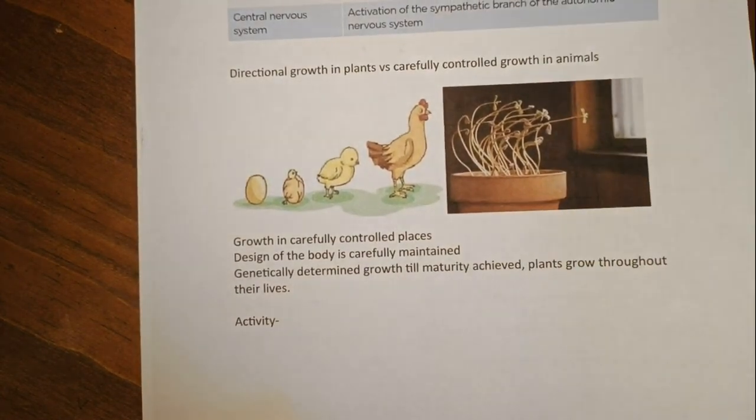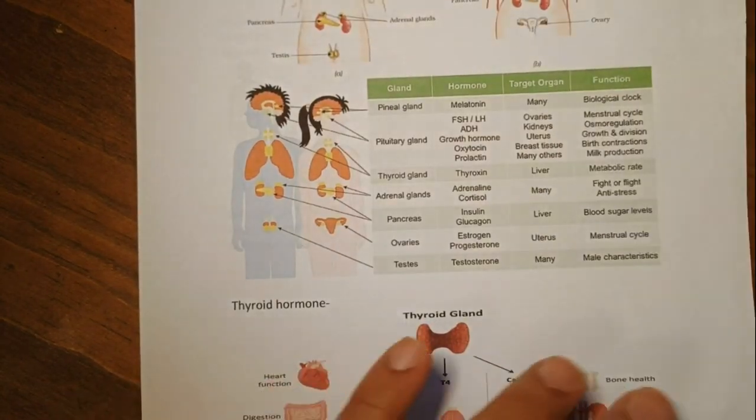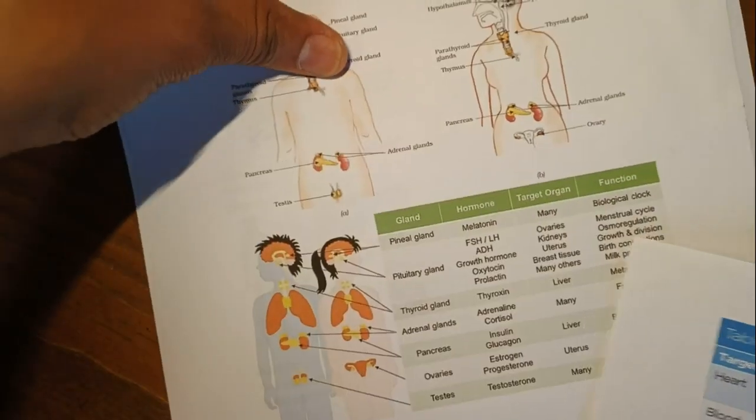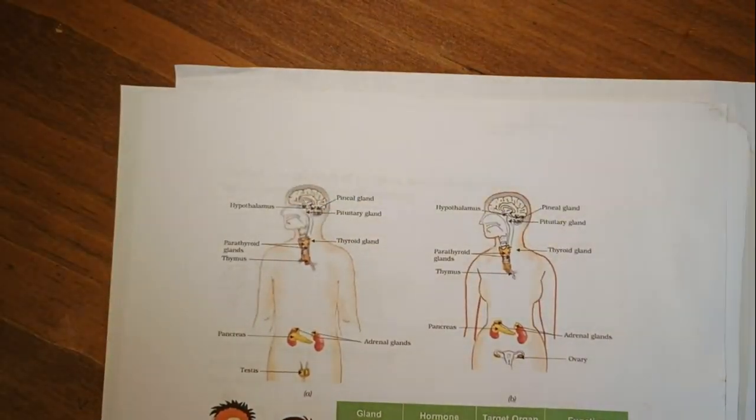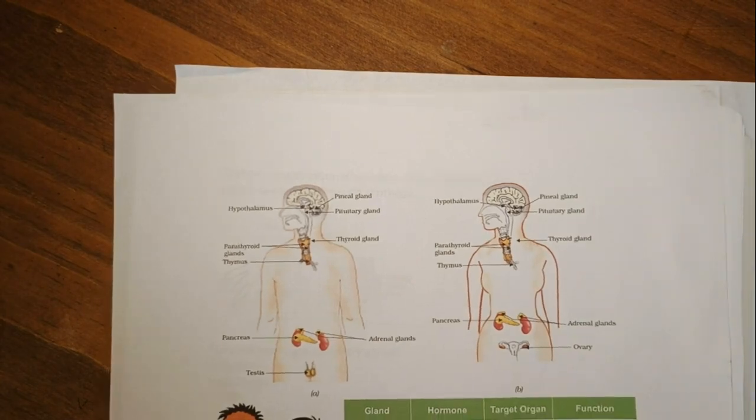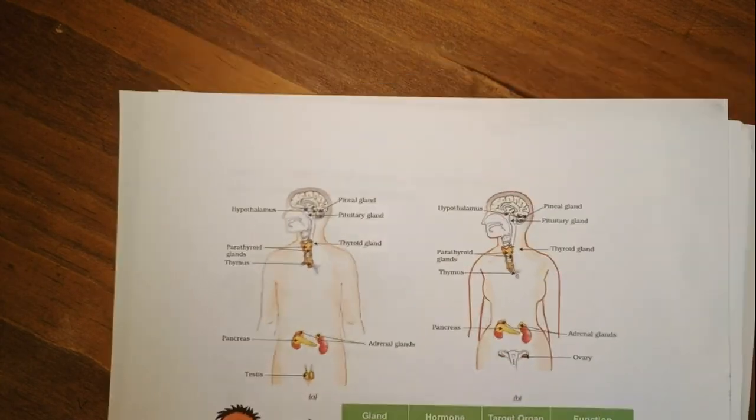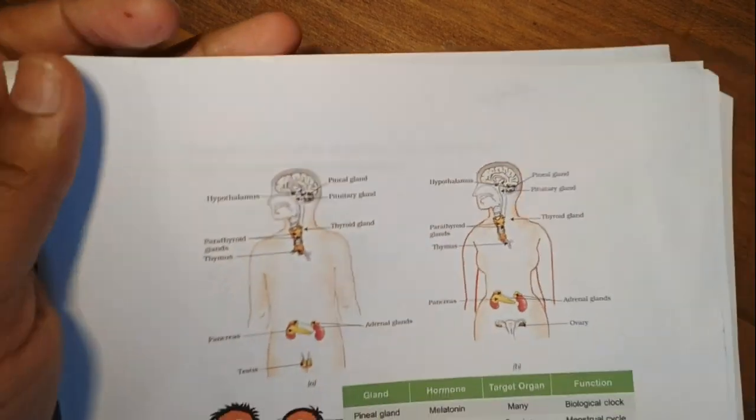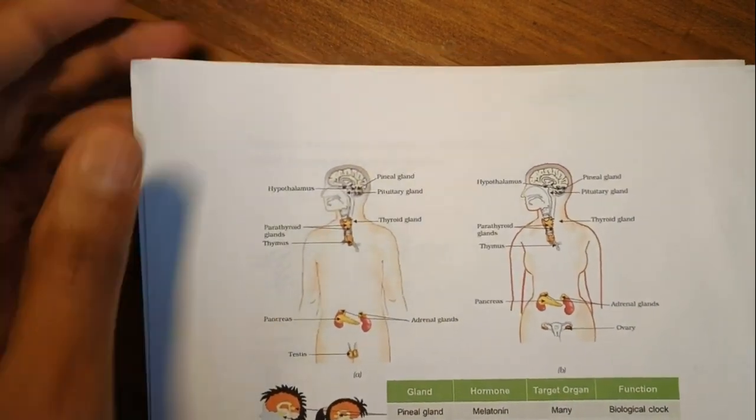Now let's turn to the activity that you have been asked to do in your book, okay? So that's the activity. They want you to identify different glands, the endocrine glands, and find out their functions.